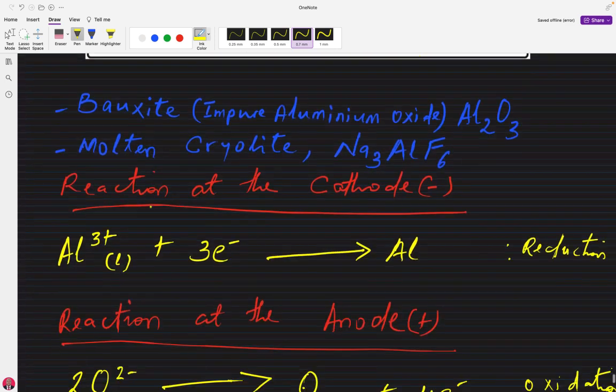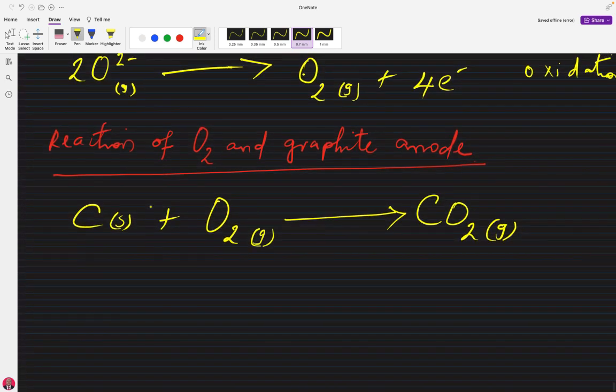Okay, let's go to some of the uses. Two uses of aluminium that are related to the property. The first use of aluminium is to make food containers because of its resistance to corrosion. You know, aluminium resists reacting with oxygen.